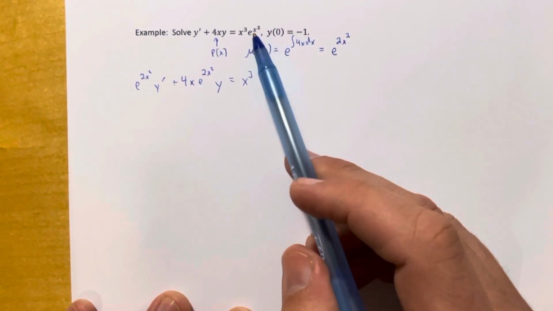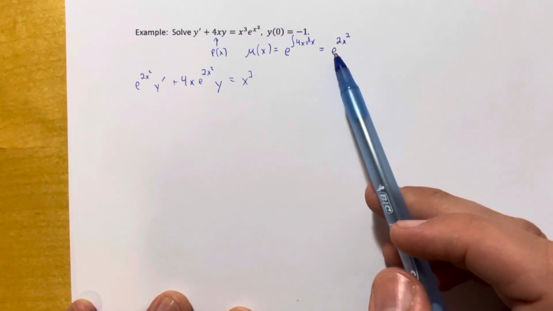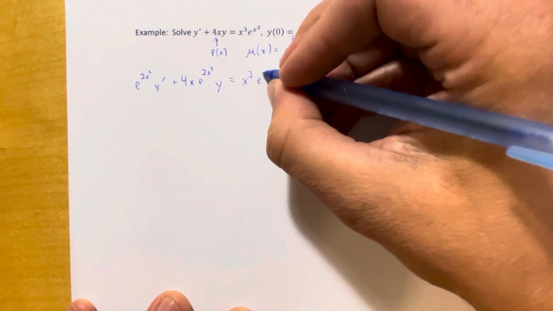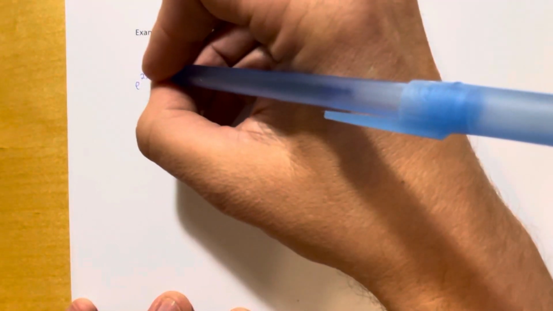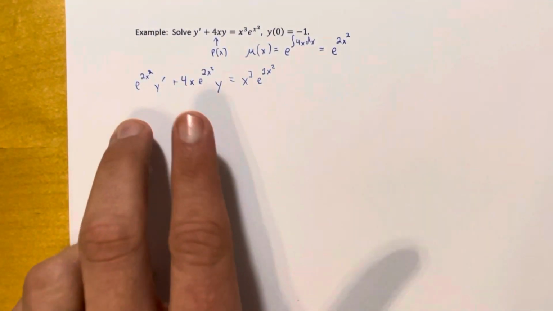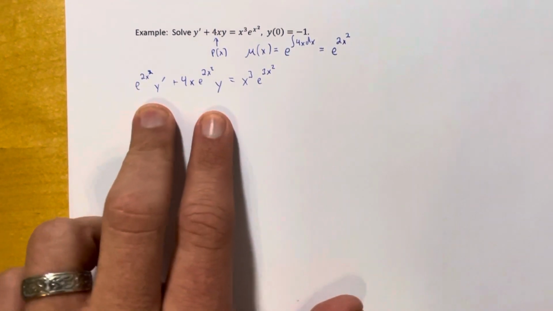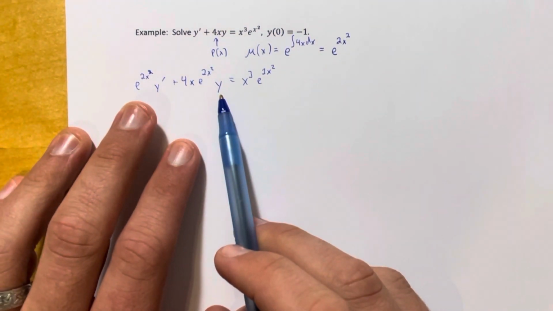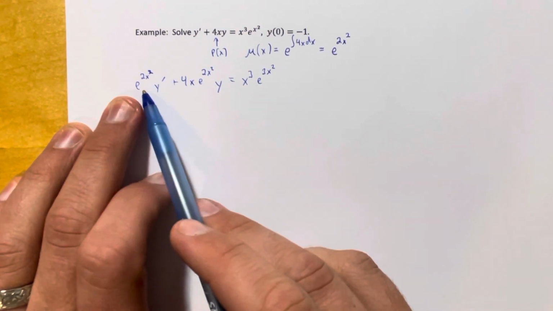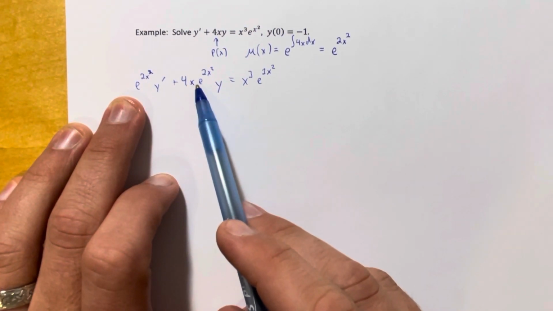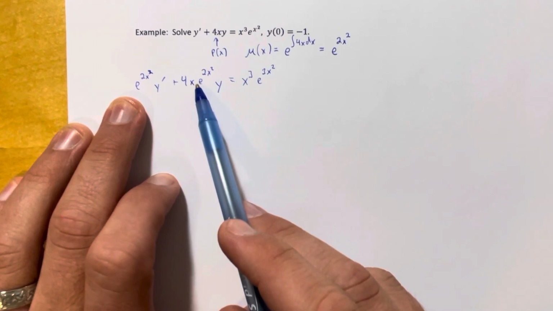I already have an e to the x squared there, and I'm multiplying it by e to the 2x squared. That's going to give me e to the 3x squared. Make sure you're using those exponent properties correctly there. The left-hand side, does it look like the product rule? Well, y will have a derivative of y prime. That means e to the 2x squared needs to have a derivative of 4x e to the 2x squared, which it does by the chain rule.